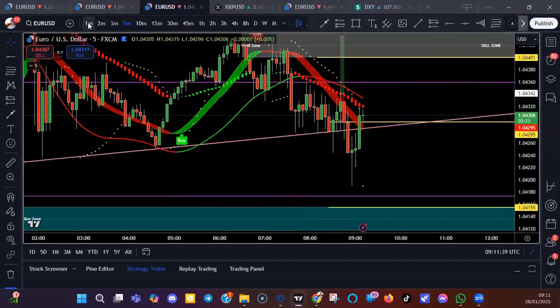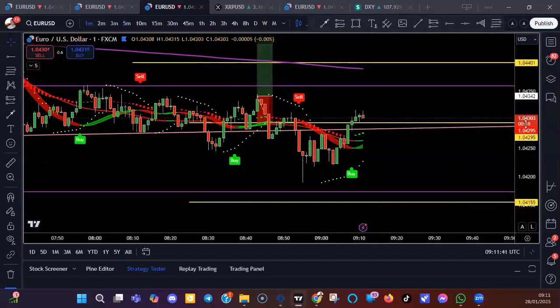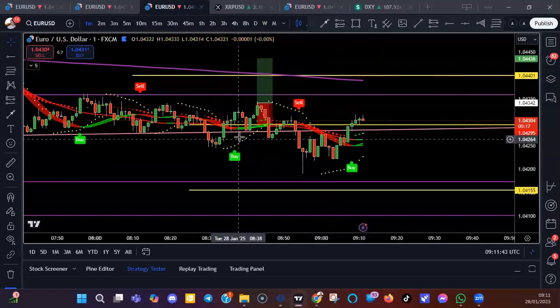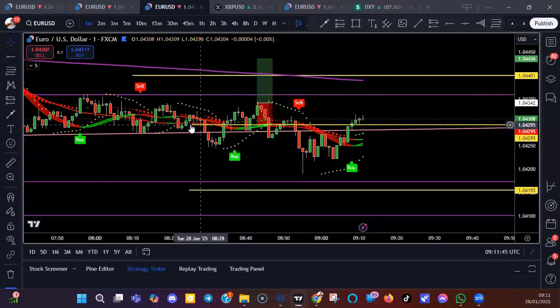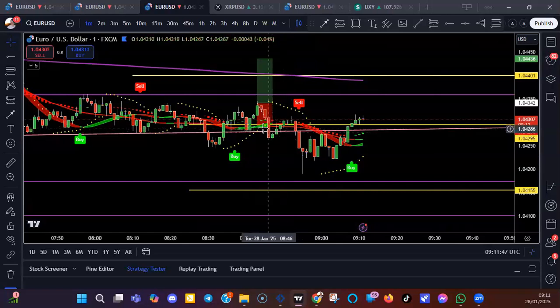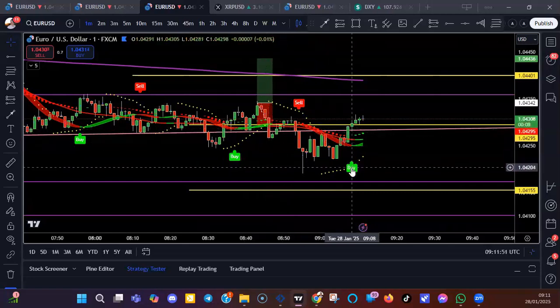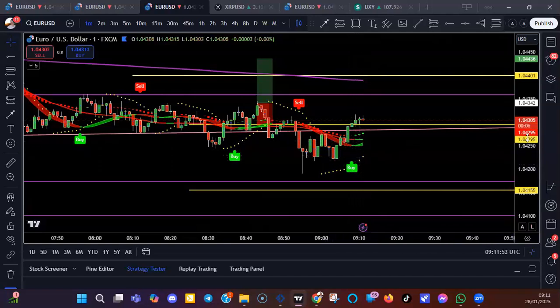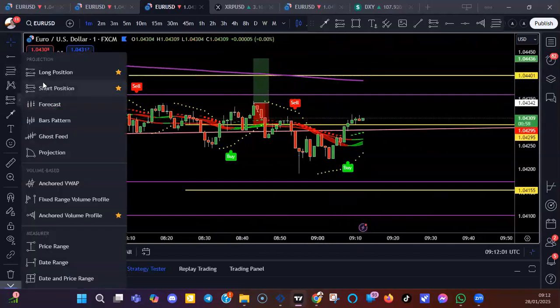We actually try to anticipate the buy and going into that buy zone. It didn't work. So now I'm on this one now, and hopefully we will trend up towards this area here. This is where I am, long position.